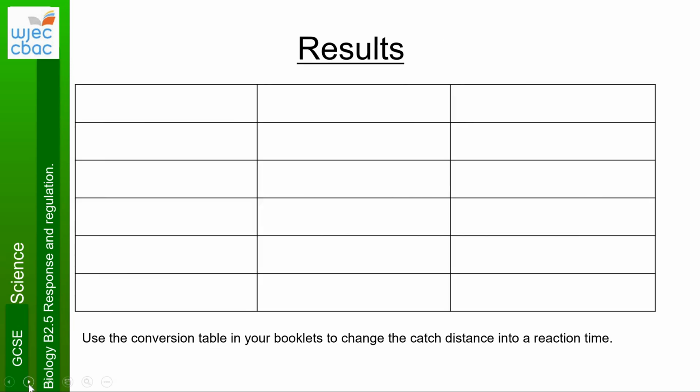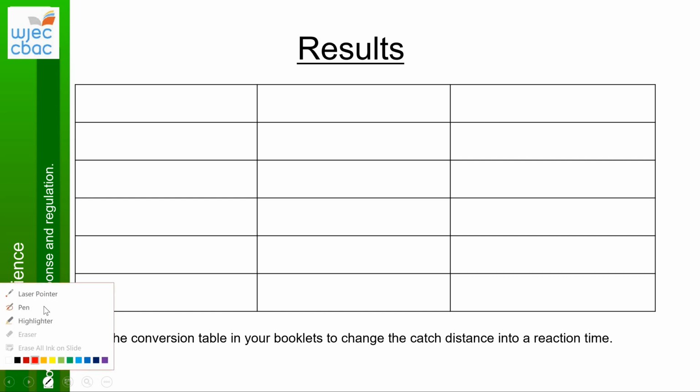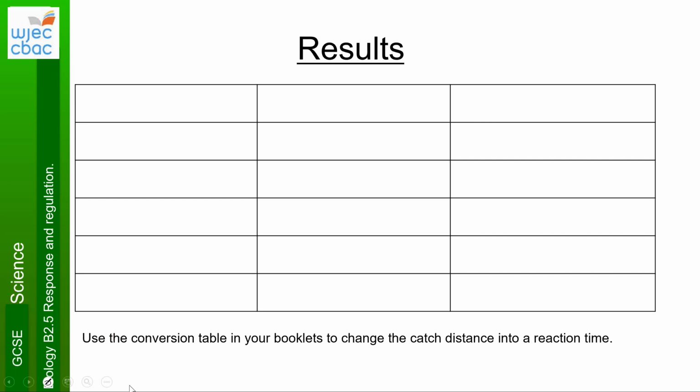Obviously, to carry out the experiment, we now need to have a results table ready for us to fill our results into. So in the first column, we would put our independent variables. So this is the table that's on page 13. So our independent variable is the drop. There's drop 1, 2, 3, 4, and 5.